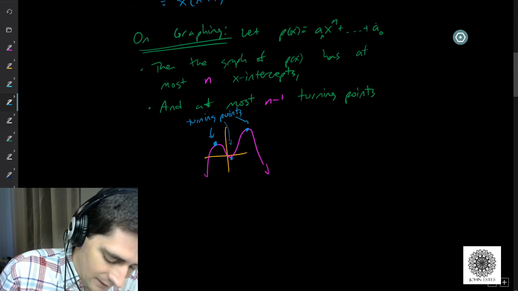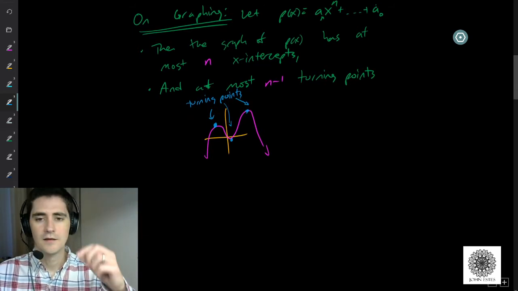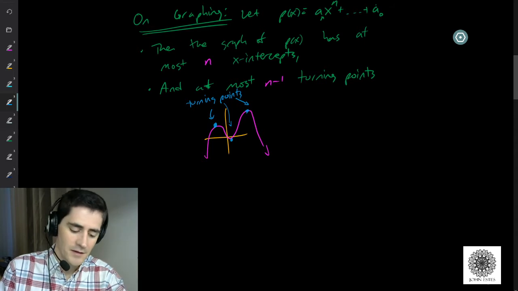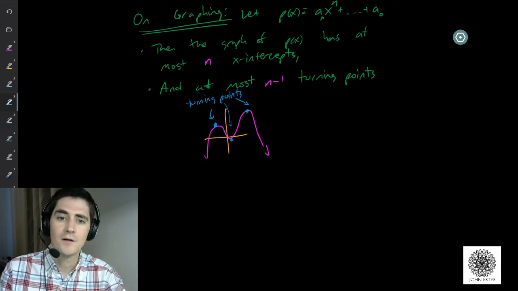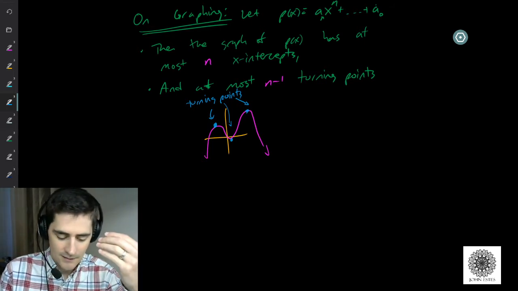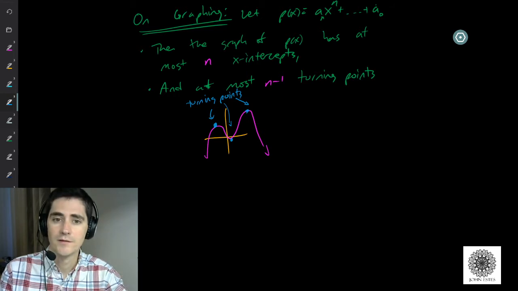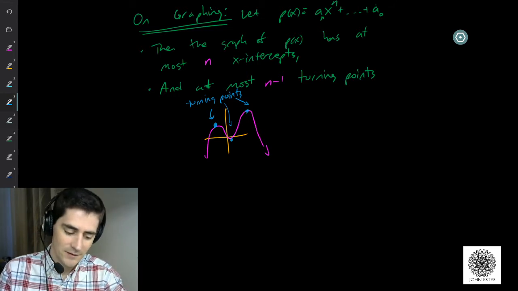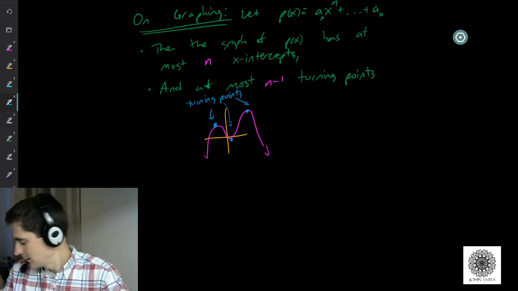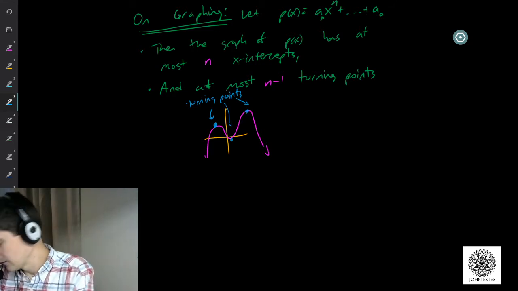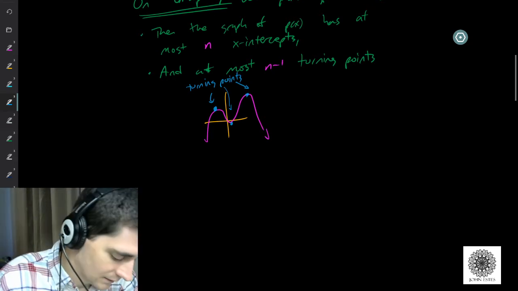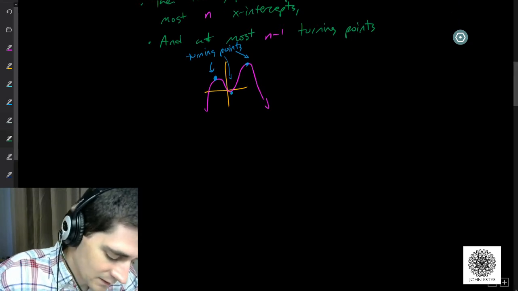So I can look at a graph and get some idea of its degree simply by the number of times it crosses the x-axis and the number of turning points, because that relates directly to n.